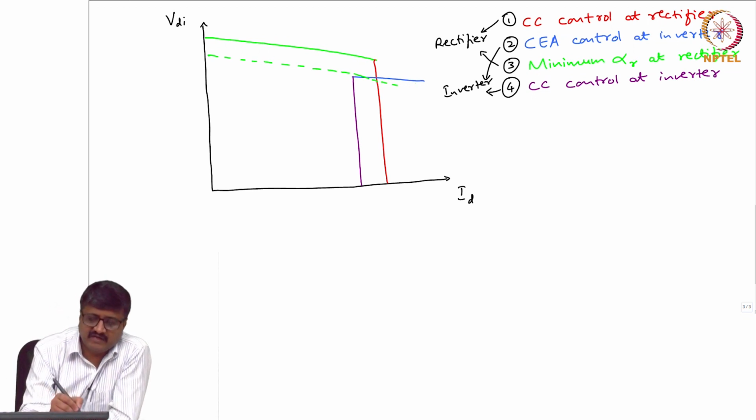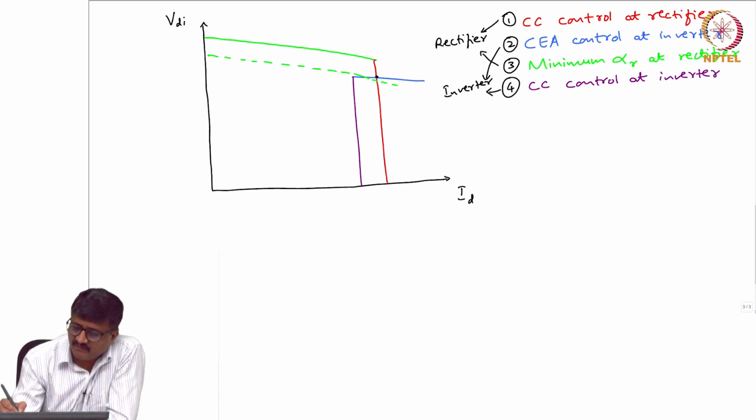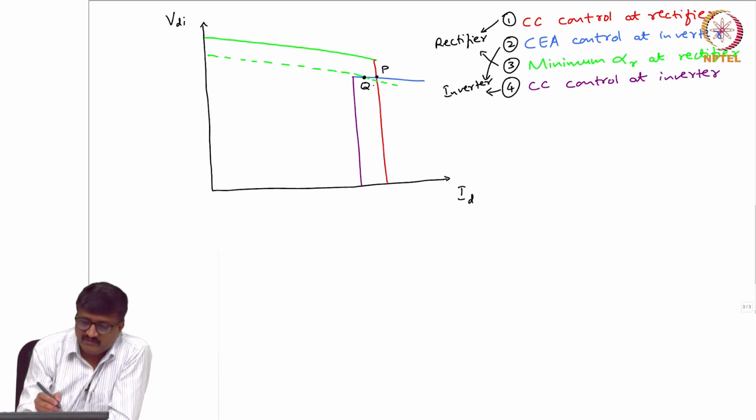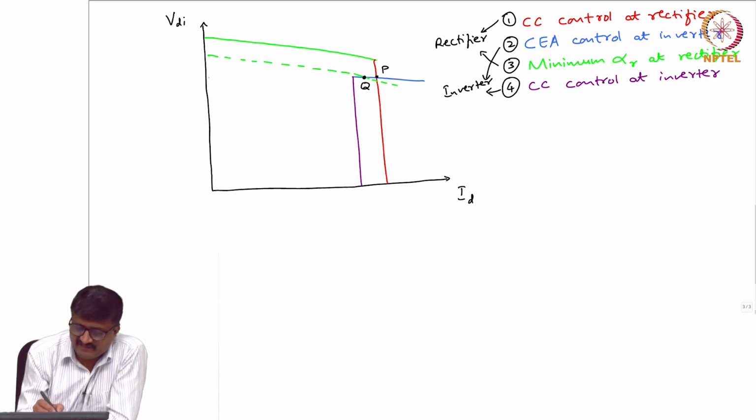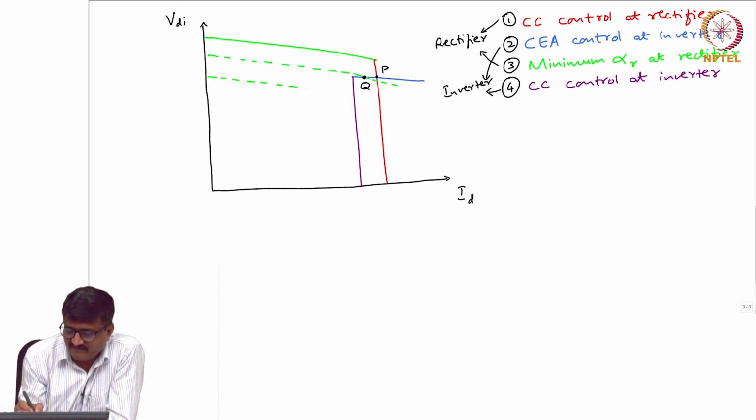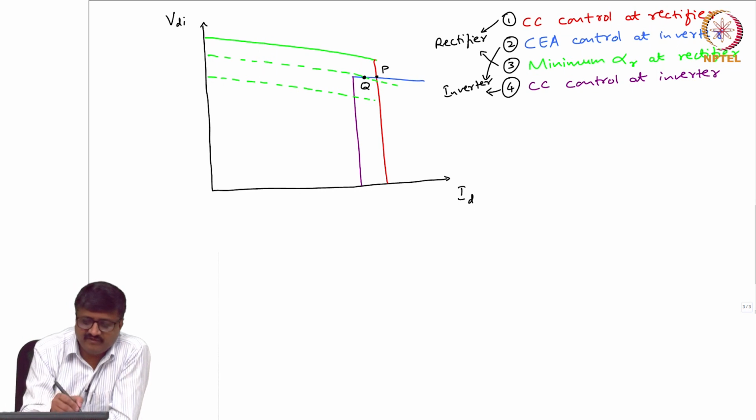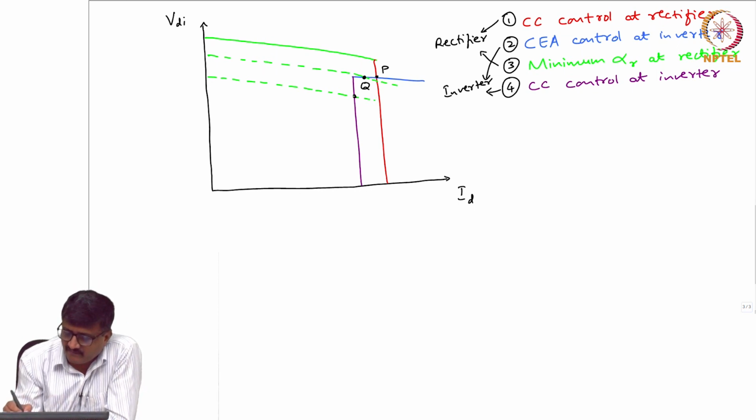So, the earlier point was P, the revised point is Q. If there is further deterioration in the AC side voltage of the rectifier, then the point of operation is this R.